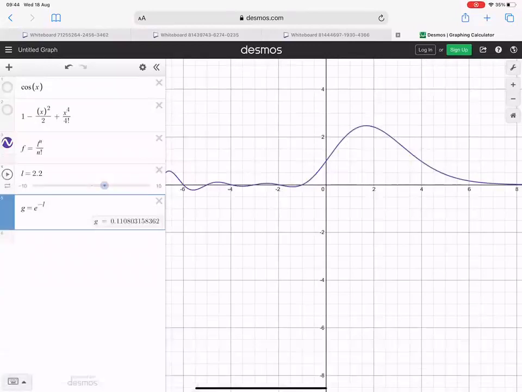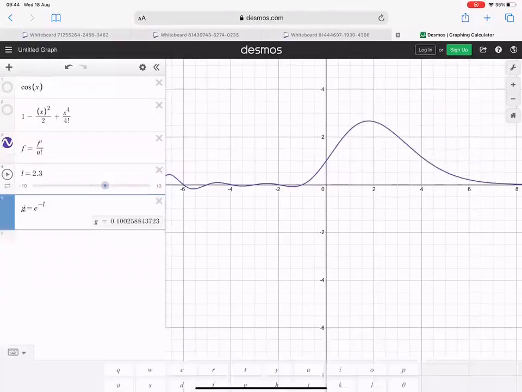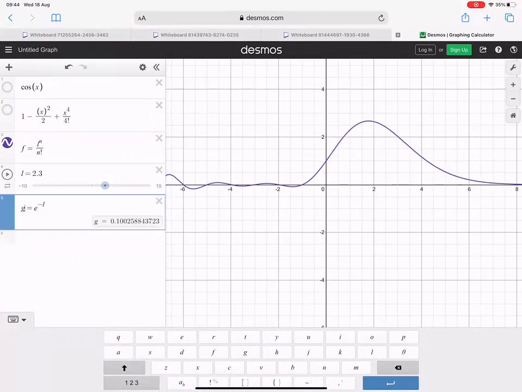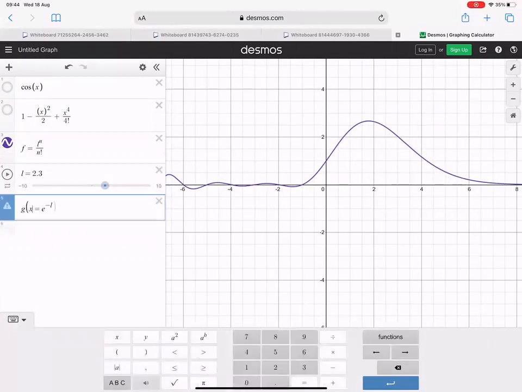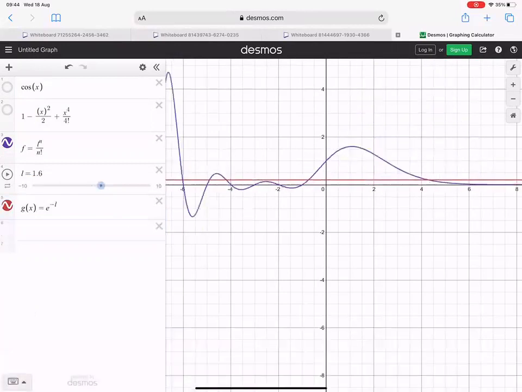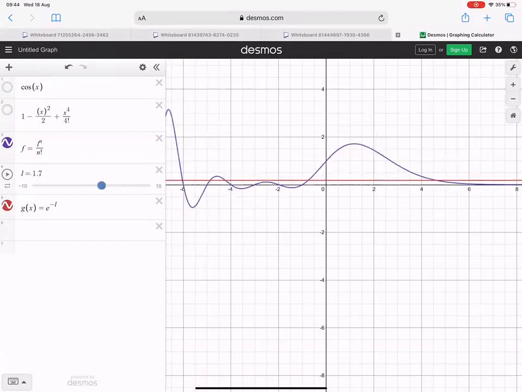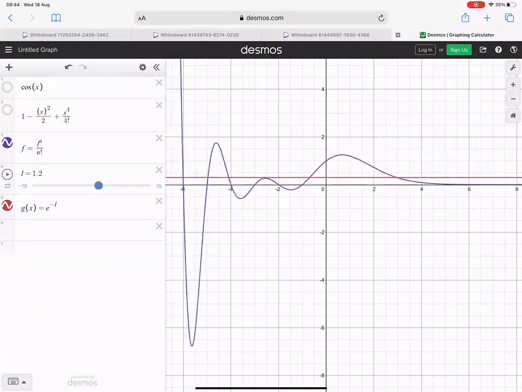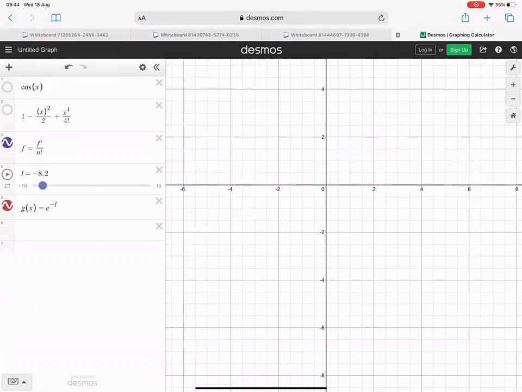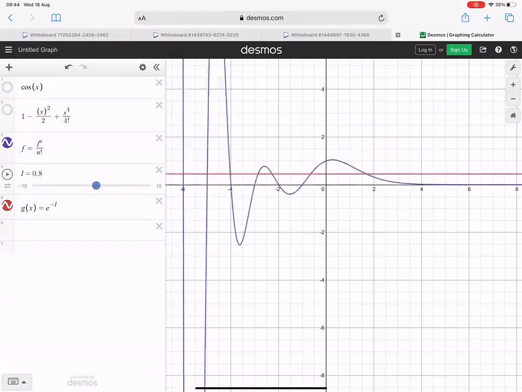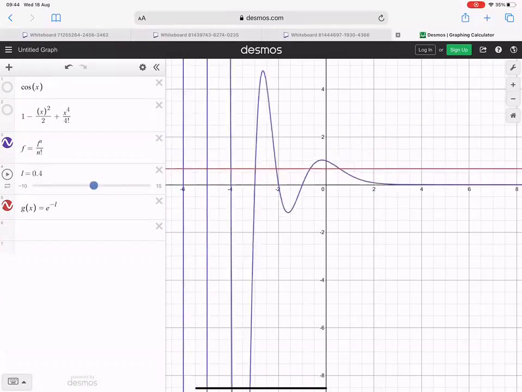As you can see, that just gives me a constant. I'm going to have to make this a function so that Desmos will let me do something. Okay. So now, as you can see, when lambda increases, the function g, which is e to the minus lambda, gets smaller, right? But when that number is less than 1, you can kind of see that e to the minus lambda gets bigger.